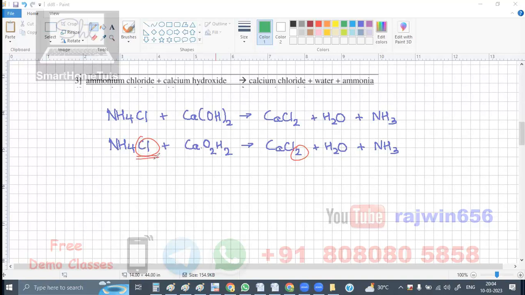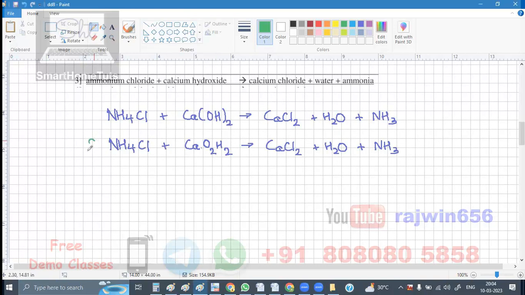Chlorine here is 1. Here chlorine is 2. I'm starting balancing with chlorine atom. The first thing is I'm going to put 2 over here to make chlorine 2, I'm multiplying this by 2. This makes 2 nitrogen, so I'm going to make this 2 nitrogen on the right hand side.